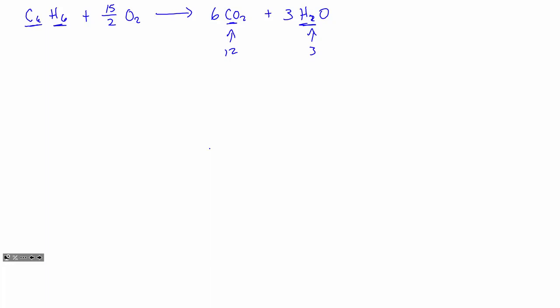Okay. All right, now that we have a balanced reaction, we can use the stoichiometry of this problem to answer how much oxygen is going to be required to completely biodegrade that benzene. So we see that it takes 7.5 moles of oxygen per 1 mole of benzene.